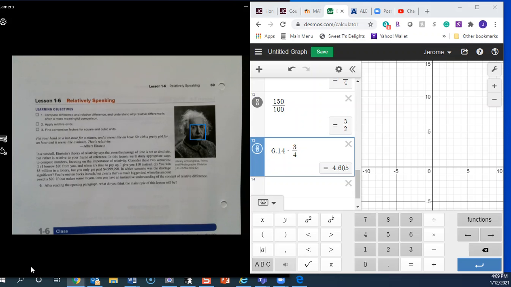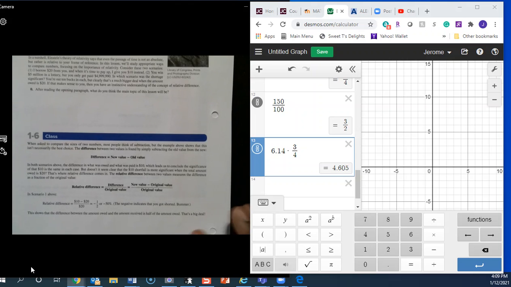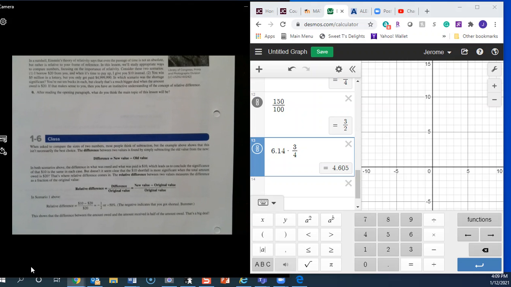We have to apply relative error and then find conversion factors for square and cubic units. Now we look down here at the bottom. It says when asked to compare the sizes of two numbers, most people think of subtraction, but the example above shows that this isn't necessarily the best choice.